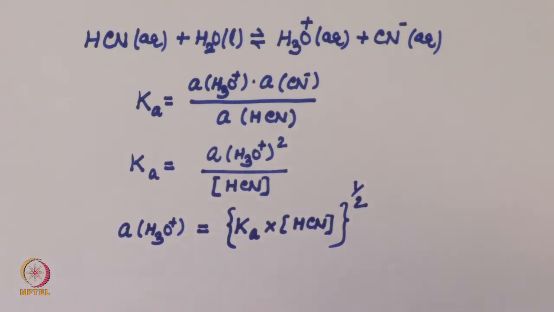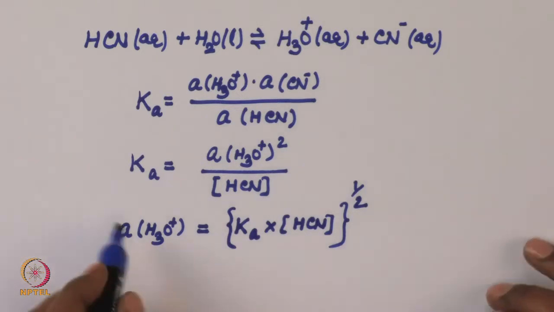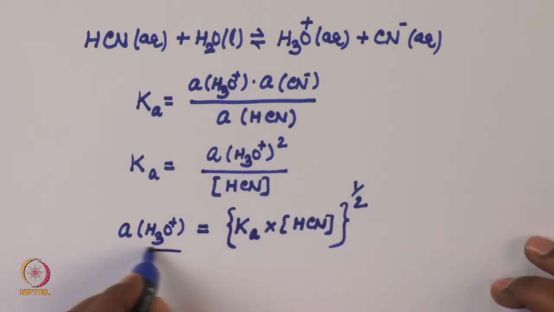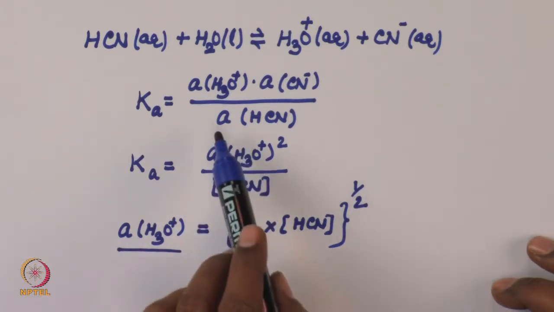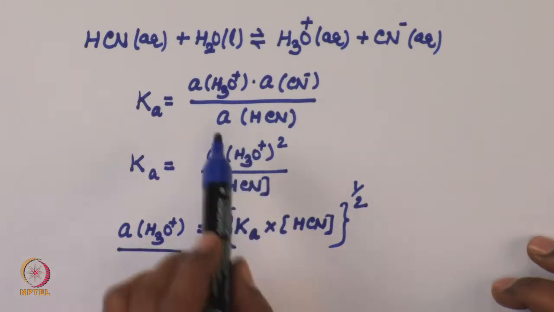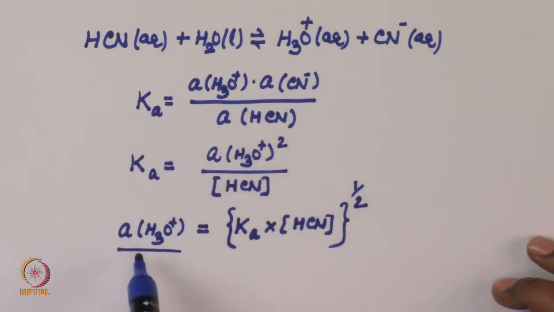In order to calculate pH, I need the activity of hydronium ion. And you see how I have done: wherever the information about the activity coefficient was given to be almost 1, I have used that, otherwise I have retained activity.